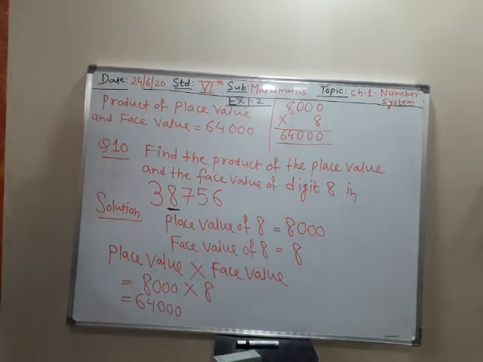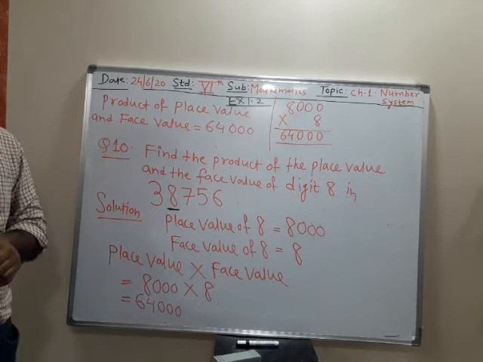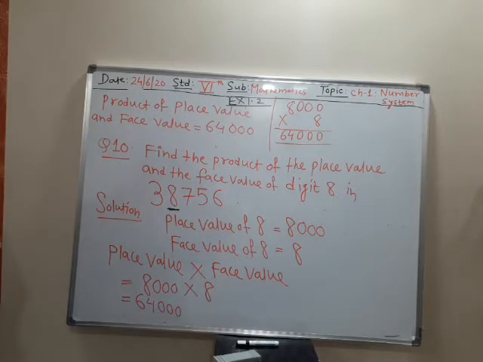Find the product of the place value and the face value of the digit 8 in 38756. Is it clear?